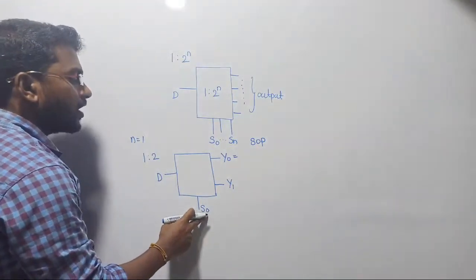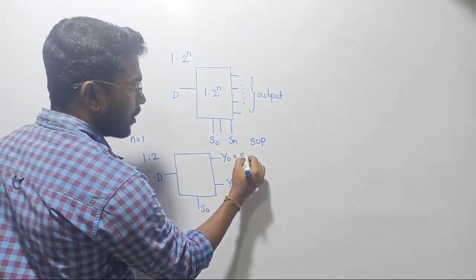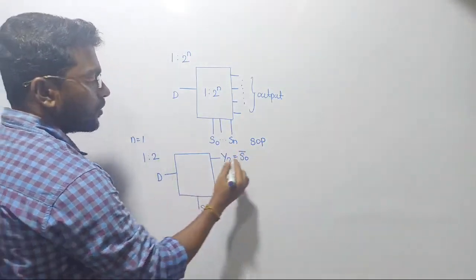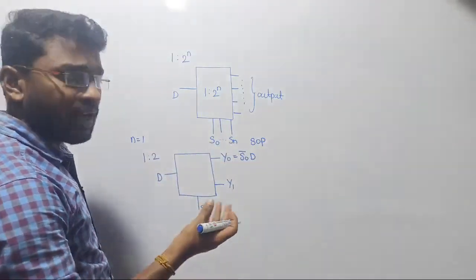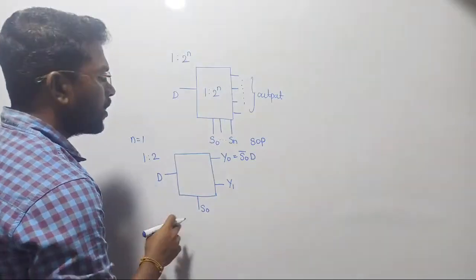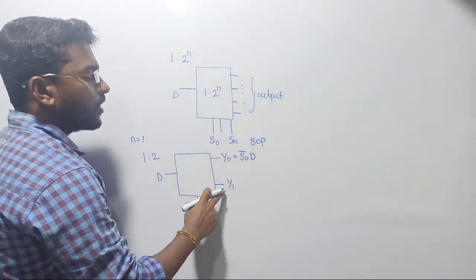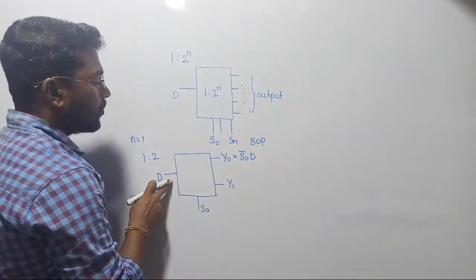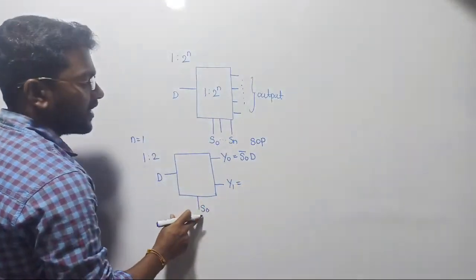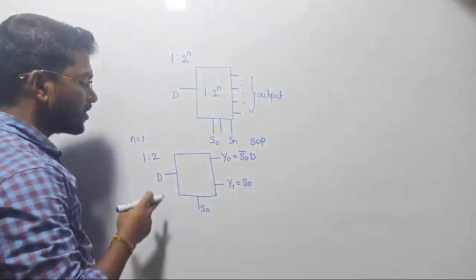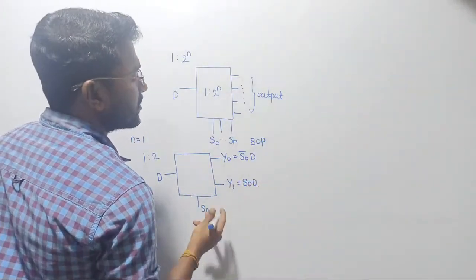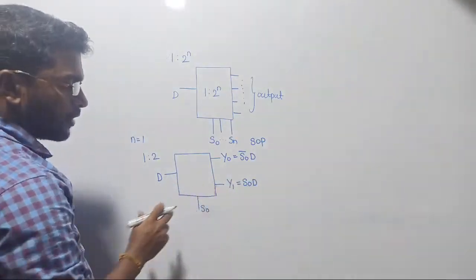So if S0 equal to 0, I have to take the complement of S0 and then multiply it. Your selected data will be distributed through Y0, like a distribution transmission line. Now when we set S0 equal to 1, automatically the second line will be enabled and your input will be passed through Y1. Since we are considering S0 equal to 1 only now, 1 is acceptable. So S0 into D, your data is passed through Y1.